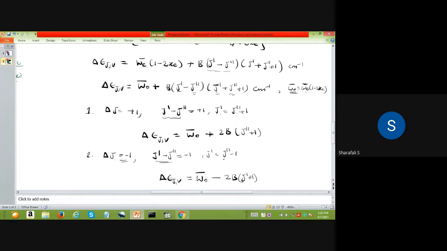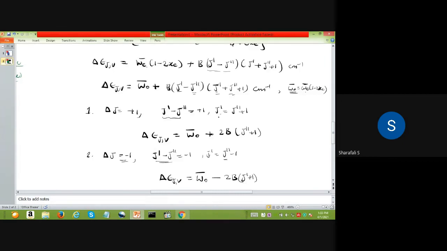J'' equal to J' + 1. Substitute that in here, then instead of this J'' it will become J' + 1. Again, one more J' + 1, so 2 times (J' + 1) will come. So we will get 2B times (J' + 1). And this minus is coming from J' − J'', which is equal to minus in this case.